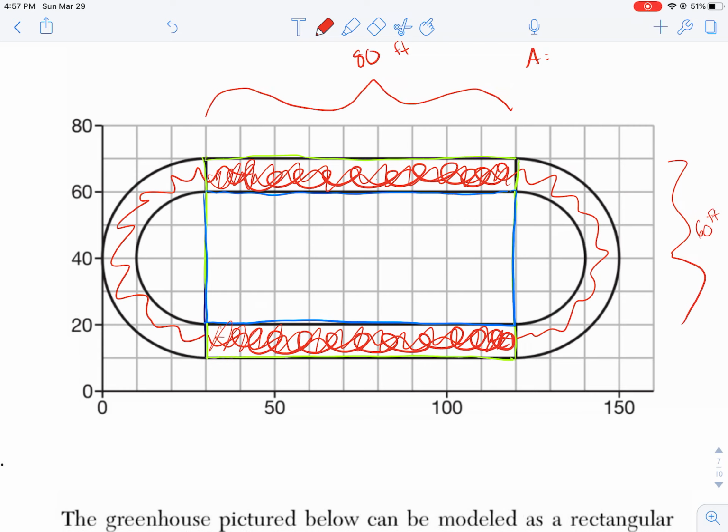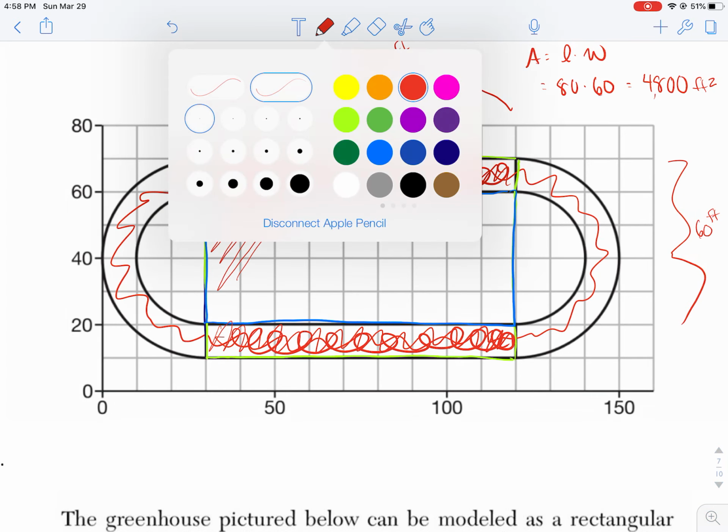So in order to find the area of that first rectangle, don't forget the area of a rectangle is just length times width. So in this case, it's just 80 times 60, which is 4,800. Okay, so that is 4,800 feet squared. Okay, so that is the area of the outside rectangle.